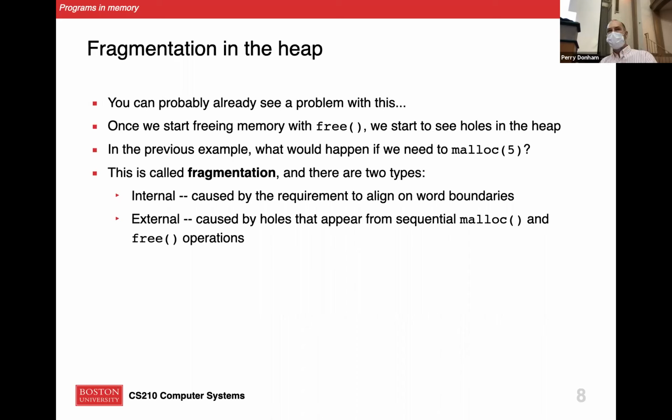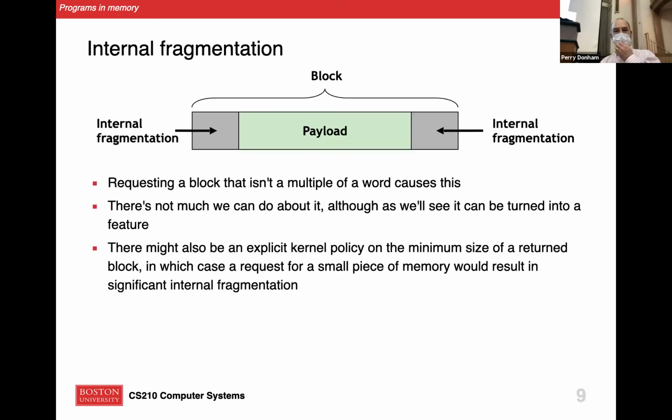If I ask for 5 bytes, I'm going to get 2 blocks back. It's going to be 8 bytes long, like 4 and 4. 3 bytes are going to be completely unused. So that's called internal fragmentation. Basically, the block that I get back from malloc is just going to be larger than what I asked for because I've got to have word boundary allocations.